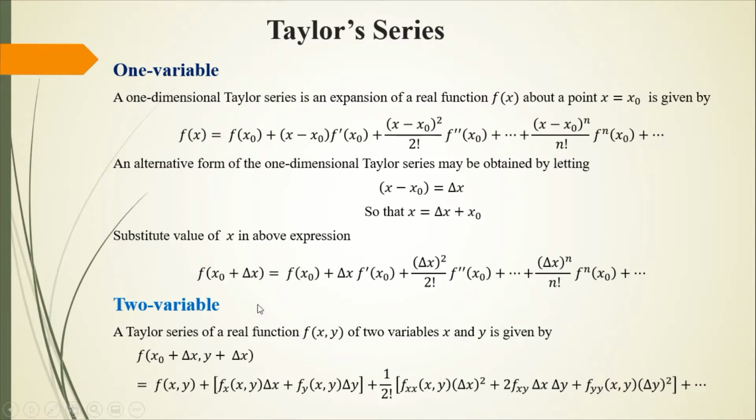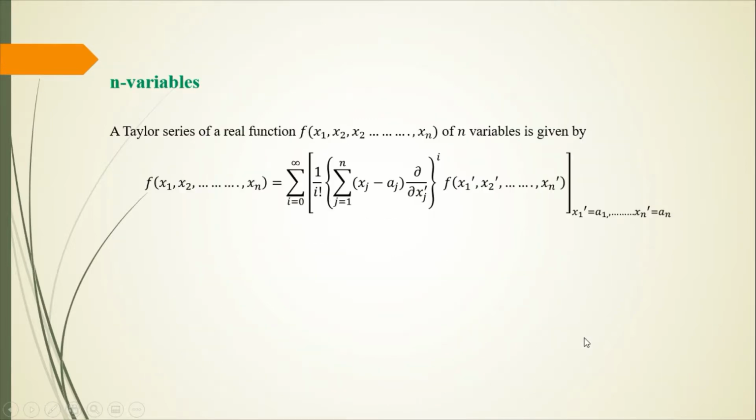Similarly, for two variables, the expansion of function f is given by this formula. Here these terms fx, fy, fxx, fxy, fyy are partial derivatives because f is a function of two variables. Similarly, the expansion of function f for n variables is given by this formula.